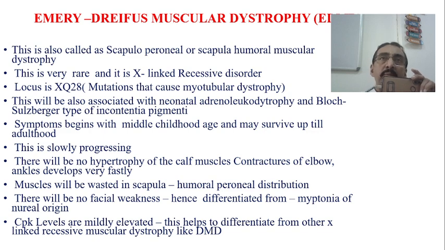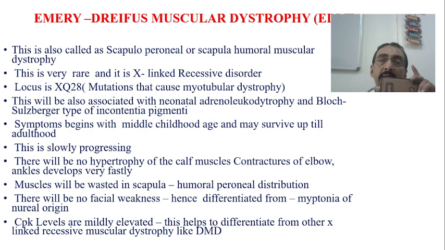Now, talking about one more important disease which creates confusion in the diagnosis of muscular dystrophy: Emery-Dreifuss muscular dystrophy, which is also called EDMD. This EDMD is also called scapuloperoneal or scapulohumeral muscular dystrophy.